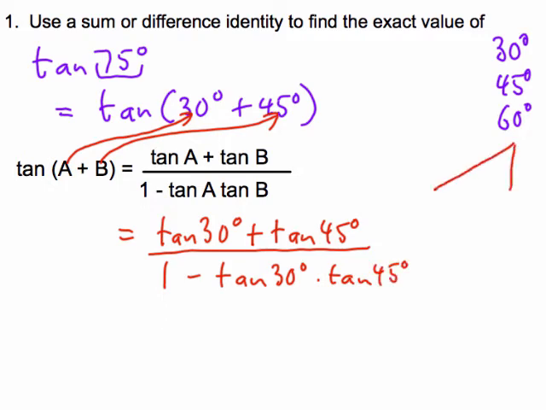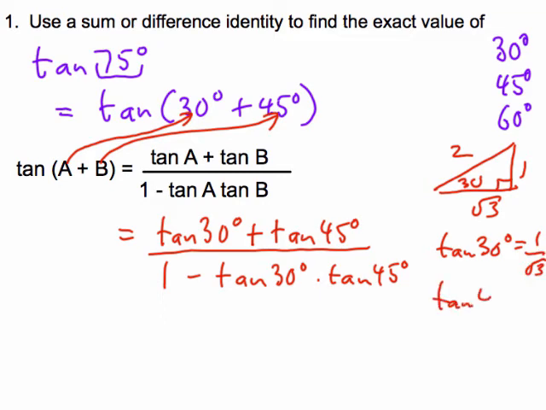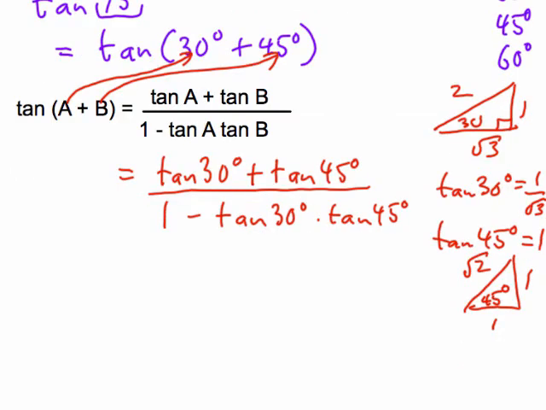Based on our special triangles, if we have 30 degrees, we have 1, 2, and root 3 on our triangle. We know that the tangent of 30 degrees from that is 1 over root 3. And we know that the tangent of 45 degrees from the other triangle is 1. So I'm going to substitute these values in.